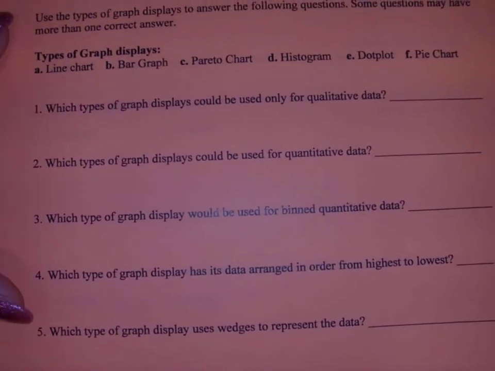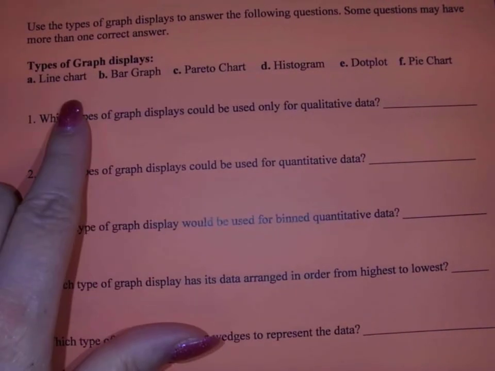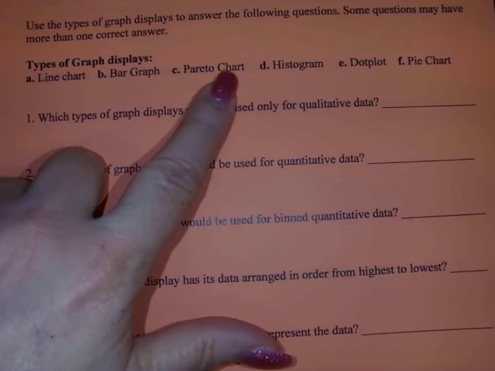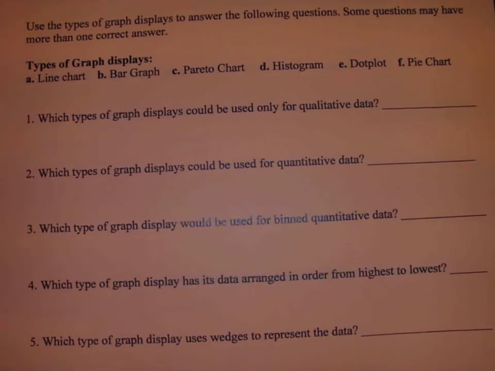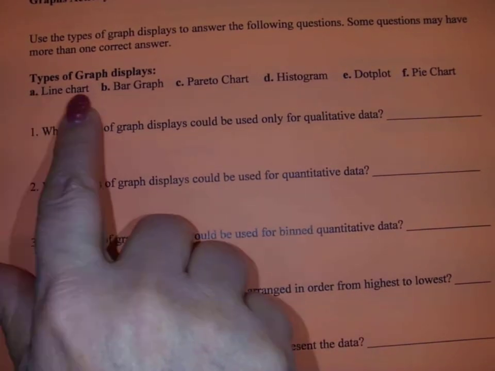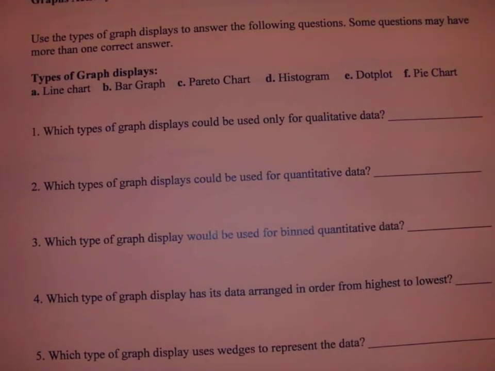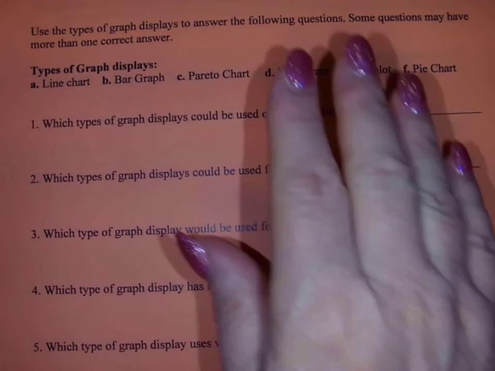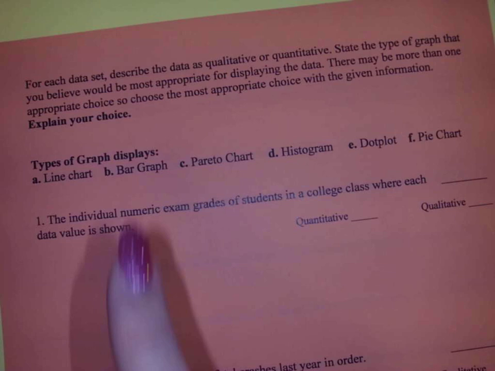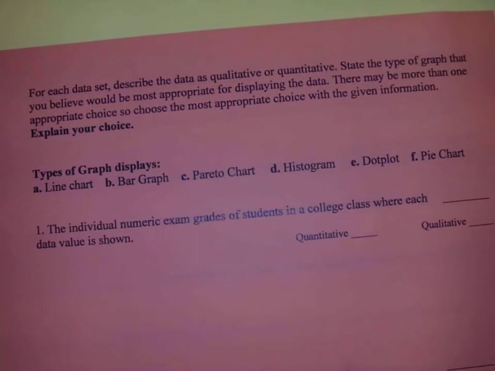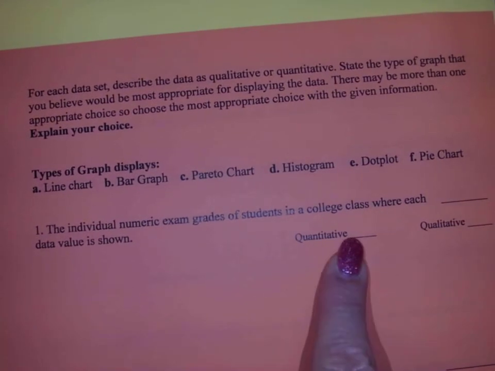There's another activity, and this is figuring out if a line chart, a bar graph, a Pareto, a histogram, a dot plot, or a pie chart, which ones would be the type of graphs you would use. And you can just fill in with the A, B, C, D, E, and F for this. So you're going to answer the questions. And then on the back, you're going to describe the data as qualitative or quantitative.